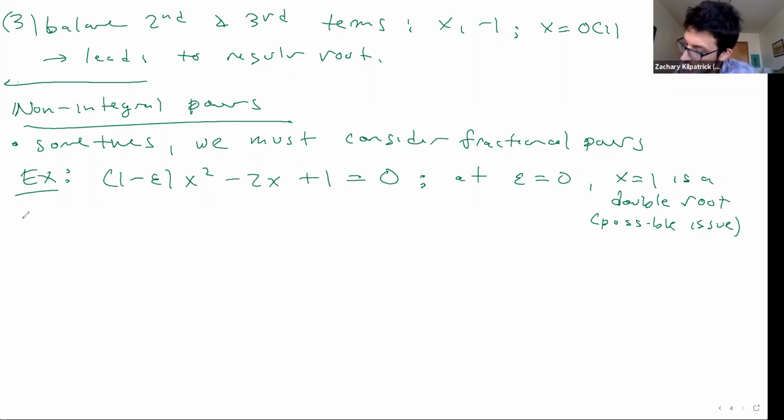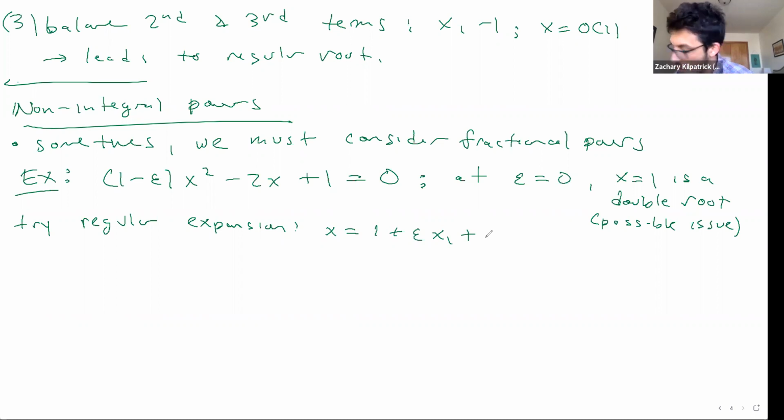So let's just try the naive approach of the regular perturbation expansion. And this is not a bad idea when you're doing asymptotics. You may as well just always try the regular perturbation expansion first, unless you have cause to think that it is not going to work. Okay, so let's see what happens.